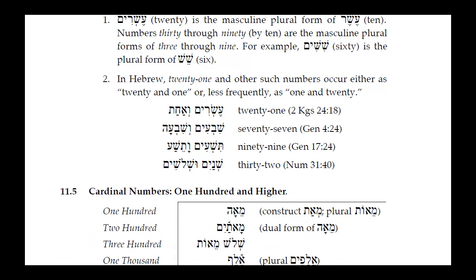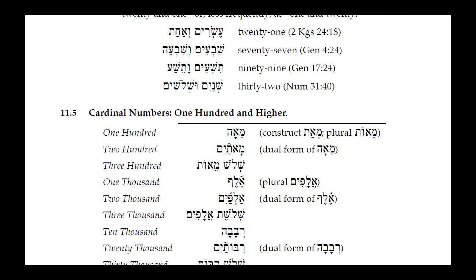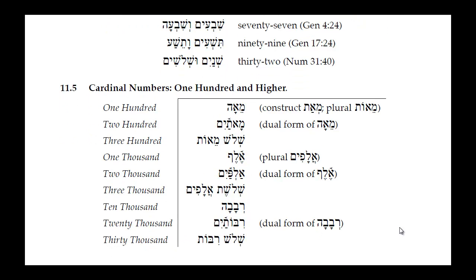All right, then you get into the cardinal numbers of 100 and higher. You just get Me'ah, which is spelled with Mem, Aleph, Hey. And then, of course, the construct singular is me'at. The Hey drops out, the Qamets reduces to a Patach, and the Tsere reduces to a Shva.